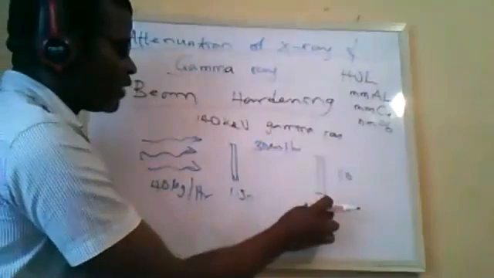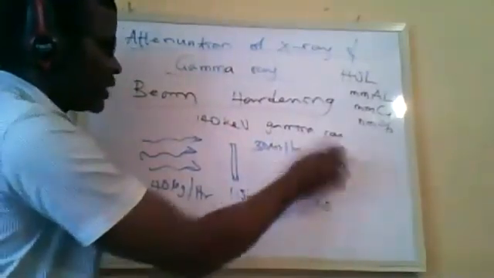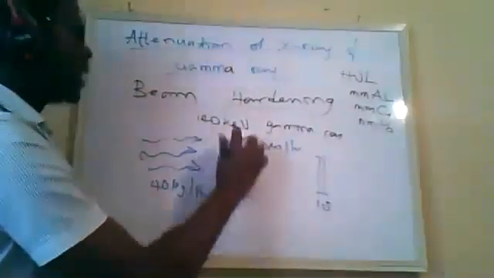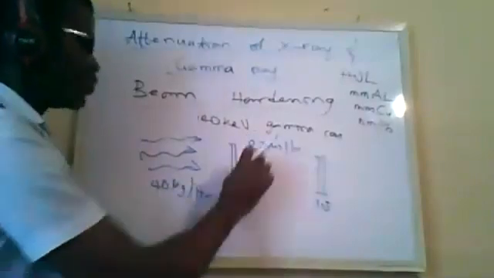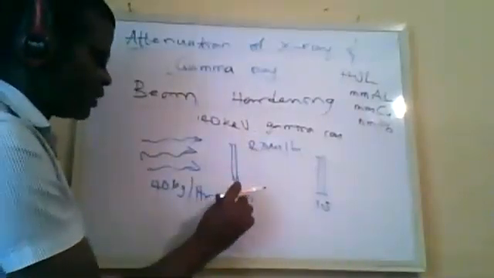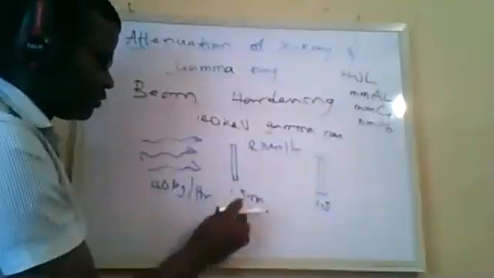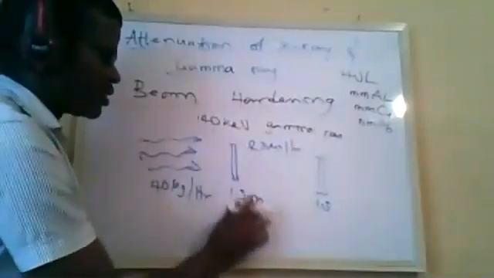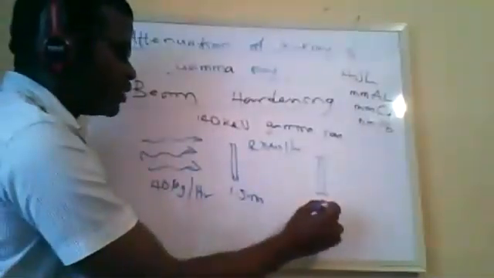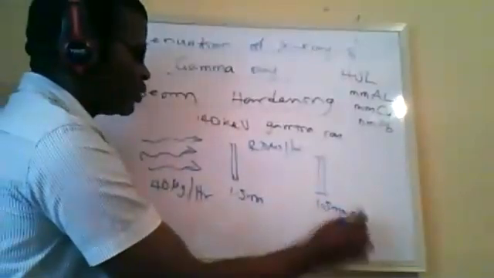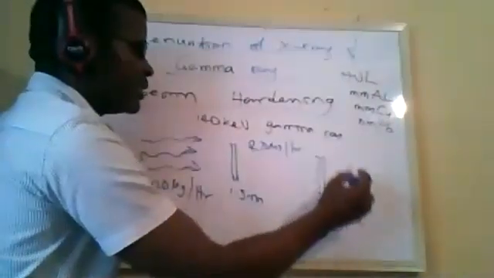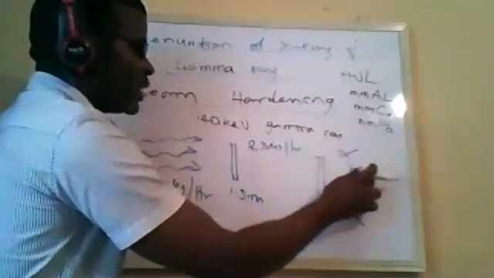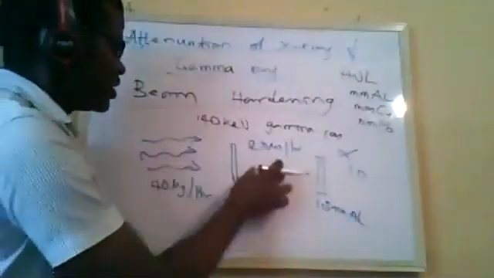Let's still use 20. If we use it by half, it might not be exactly 1.5, but let's just stick to this 1.5. If you now use this 1.5 millimeter of aluminum, you are not going to get 10 here. It's not possible.